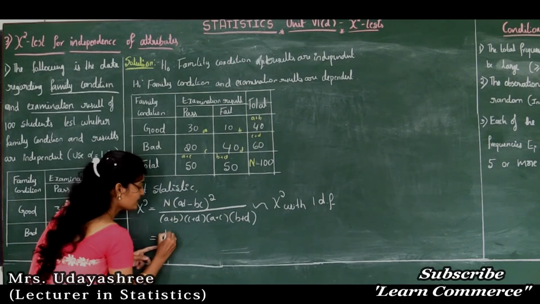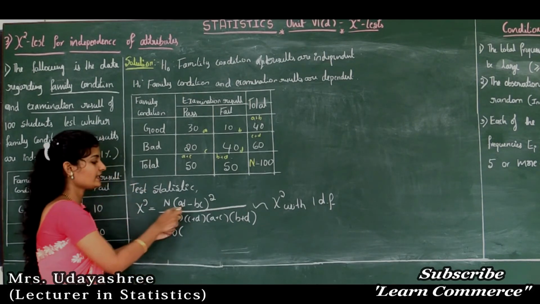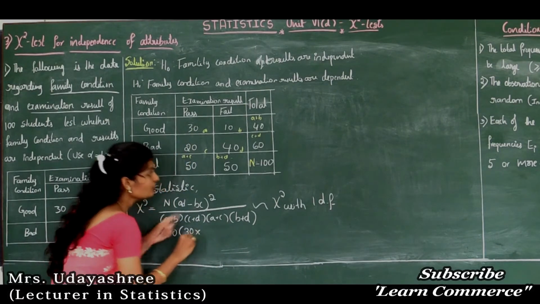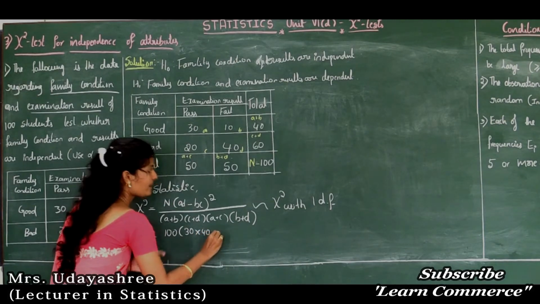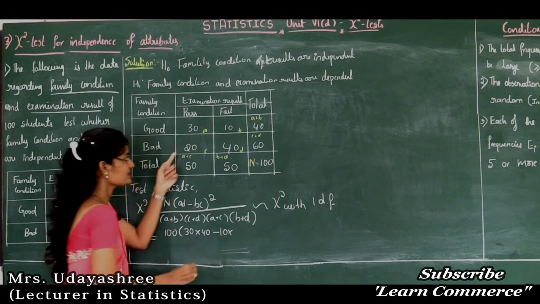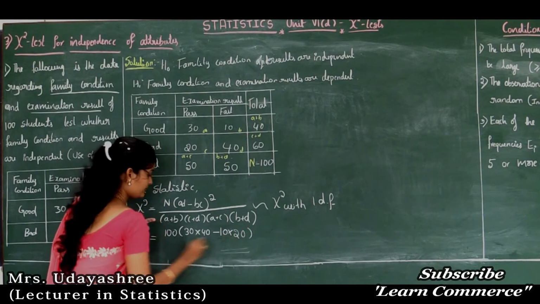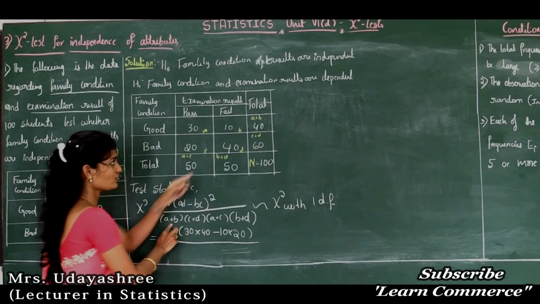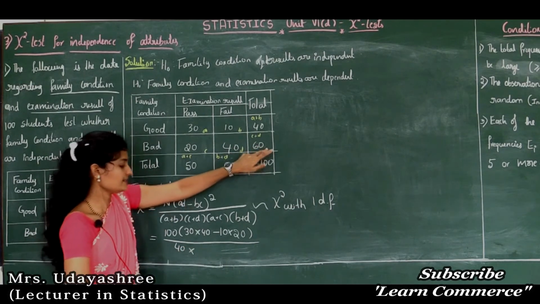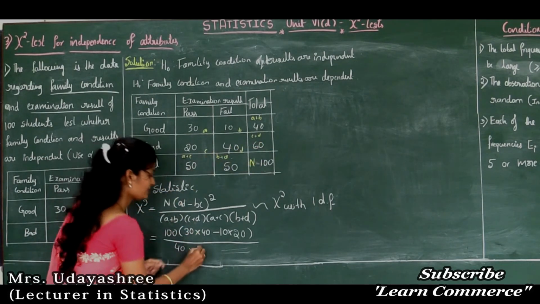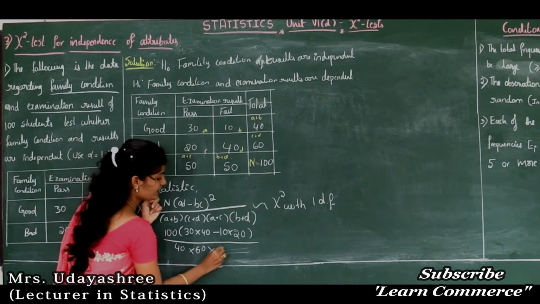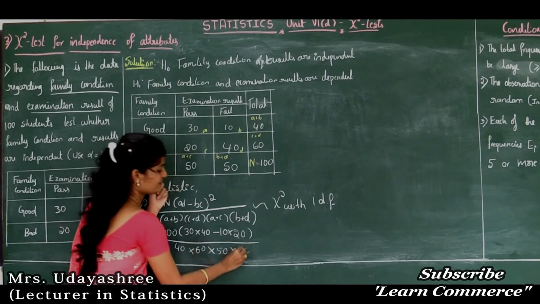So in place of N I will substitute 100, into A into D, here A is 30 into D, D is 40, minus B into C, here B is 10 into C, that is 20, divided by A plus B, so A plus B is 40, into C plus D, so C plus D is 60, into A plus C, that is 50, into B plus D, that is 50.